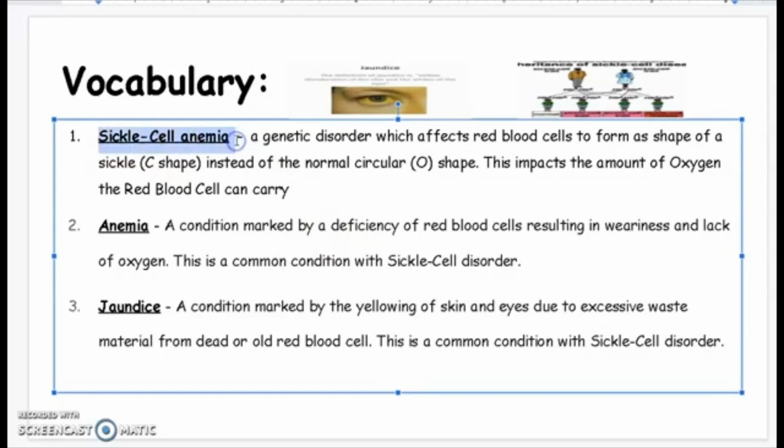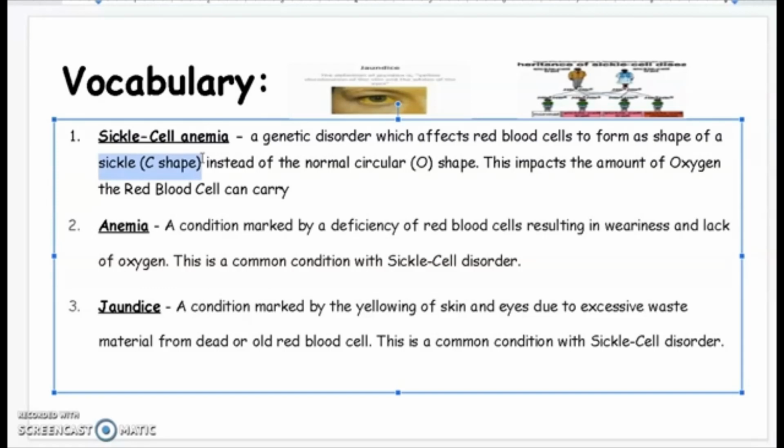So sickle cell anemia is a genetic disorder which affects red blood cells. And so a normal red blood cell is O-shaped, so it's circular. However, in sickle cell anemia, the red blood cells are formed as sickle shape. For those of you who don't know what sickle is, it is a C shape.